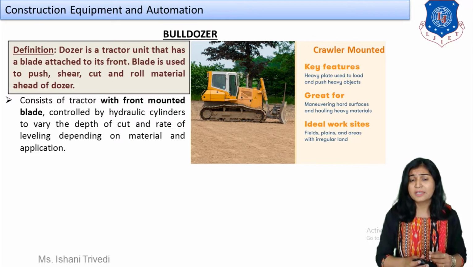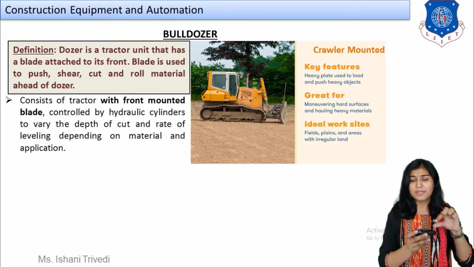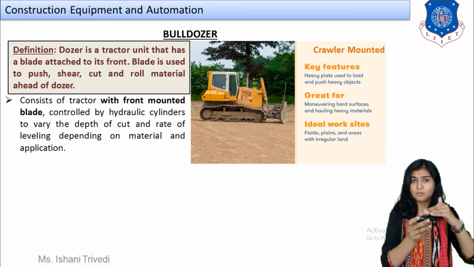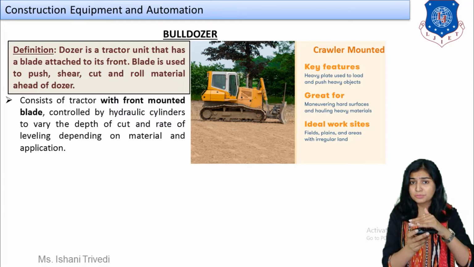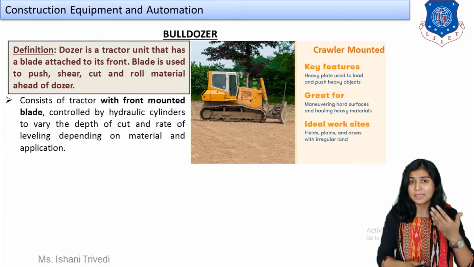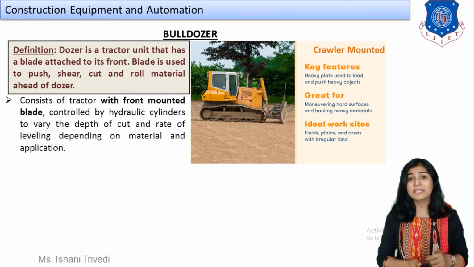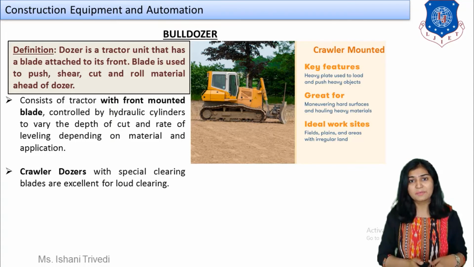This is obvious. It is going to totally depend on the material, the surface, its application, and for what purpose you are carrying out this work. So it depends on how much layer of soil or earth you are going to move and cut, and the rate of leveling, right? Simultaneously, once you have removed the layer, you have to provide leveling as well, and then the work can be started.